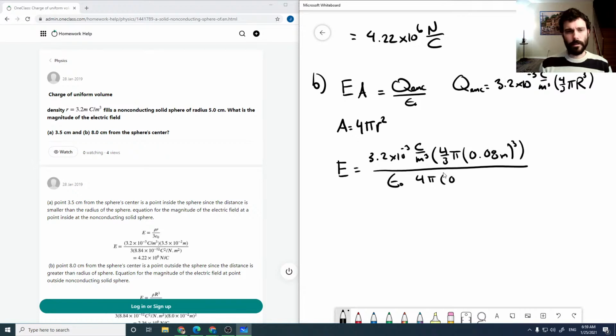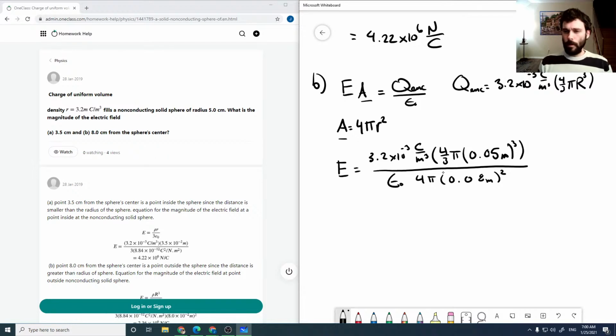Oh, sorry. The big R should be 0.05 meters, because that's the radius of our sphere. And the little r will be 0.08 meters, because that's the radius of the surface area of our volume that we're enclosing.